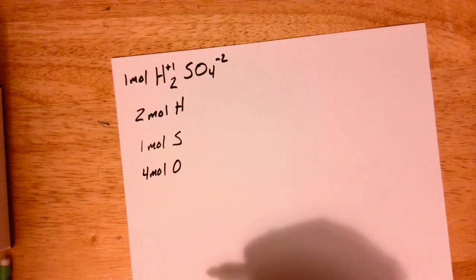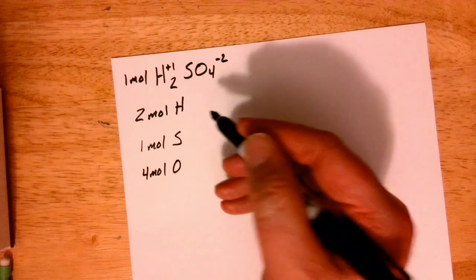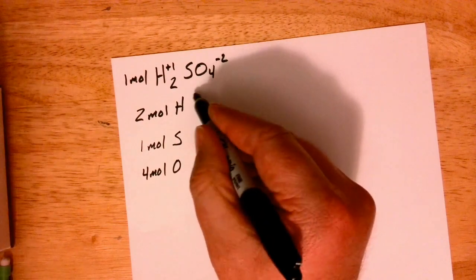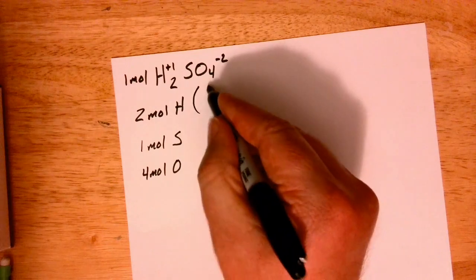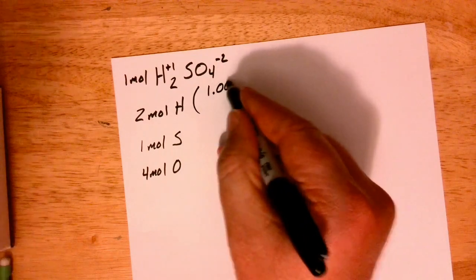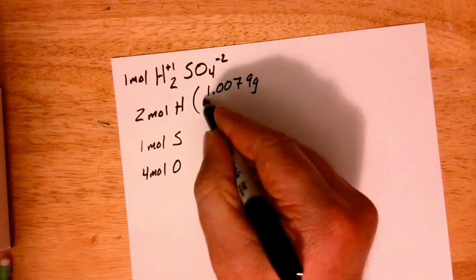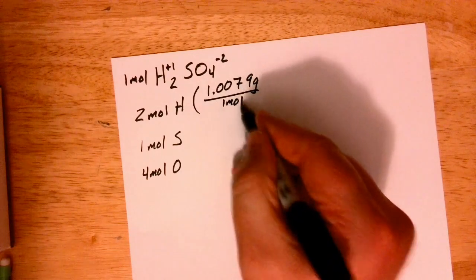Okay, so go ahead and work this one out. Now, hopefully you did well. So let's go ahead and get the answer for this one. So hydrogen is 1.0079 grams for every 1 mole.